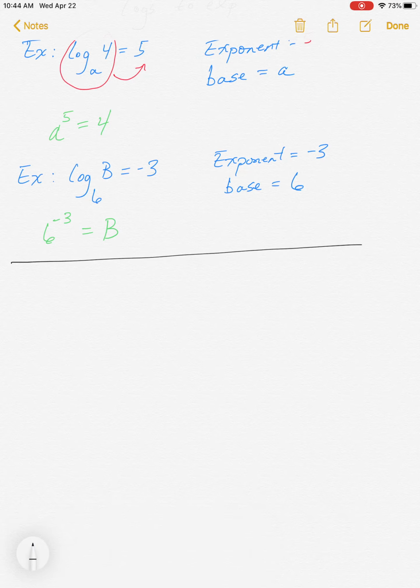We have natural log. Most people call it ln. Natural log has base e.